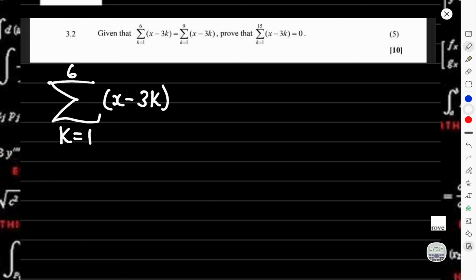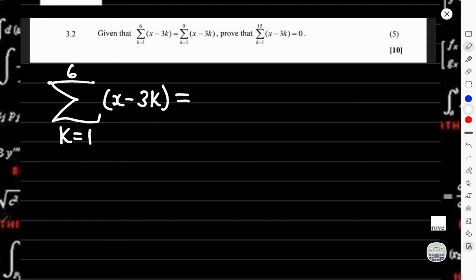So let's expand to get the first three terms. Where there's k, you need to replace from 1, so we substitute 1, then 2, 3.